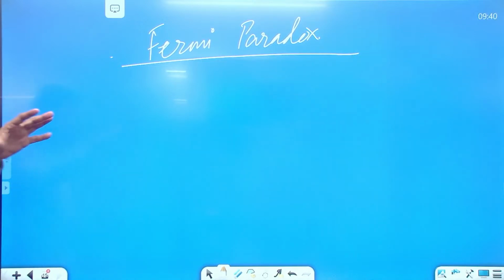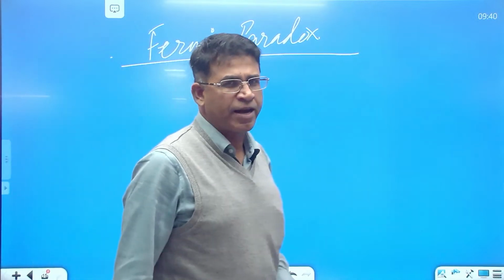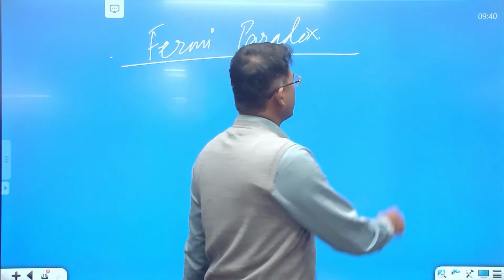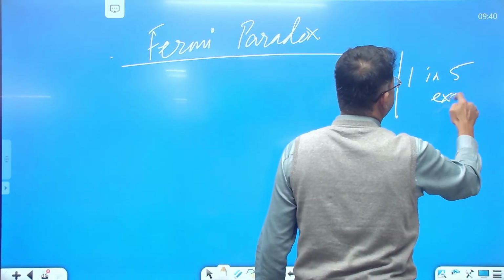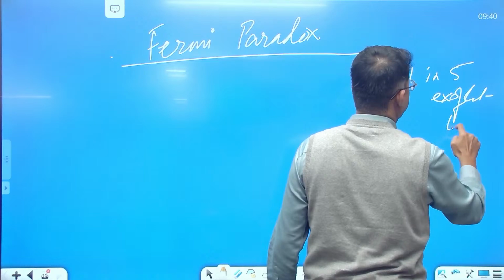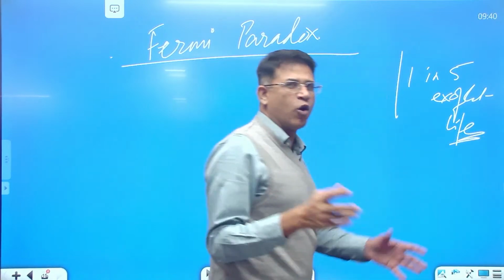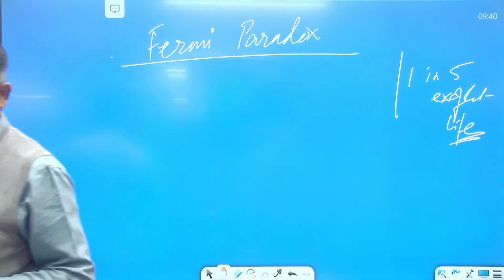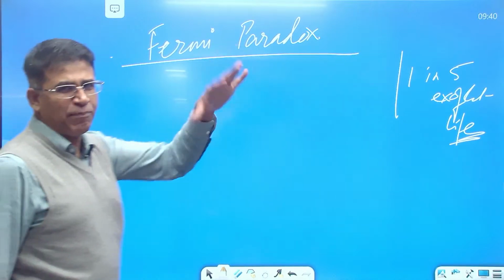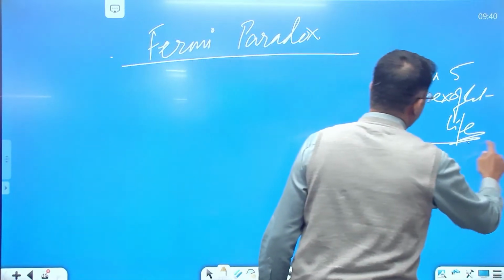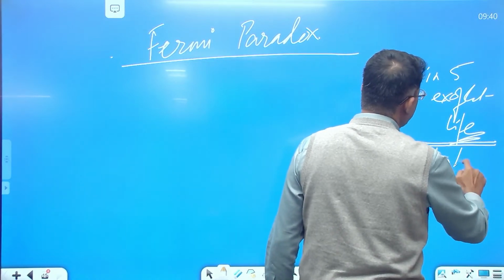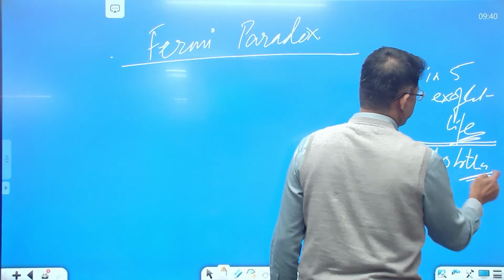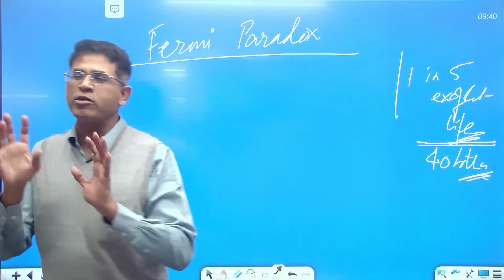If you look at the data, it tells us that 1 in 5 exoplanets can have life. If you go by statistics, and if you add up all of that, the possibility of life is in as much as 40 billion exoplanets, because stars में possible है.